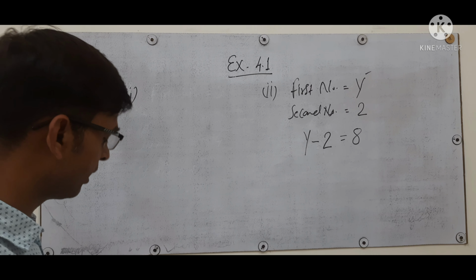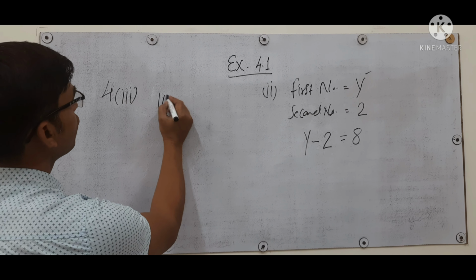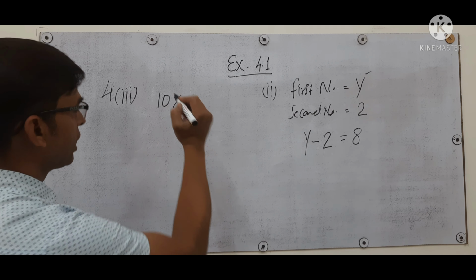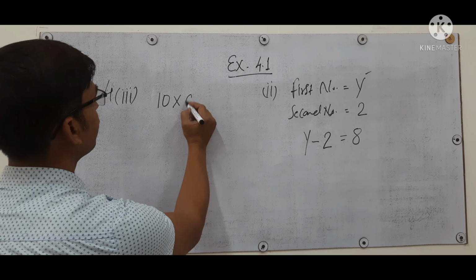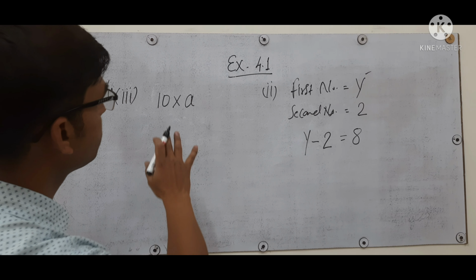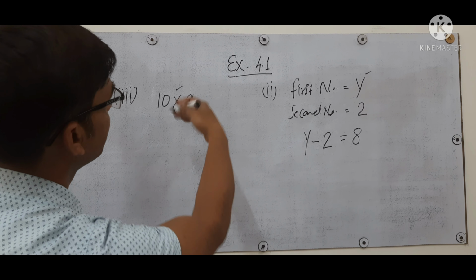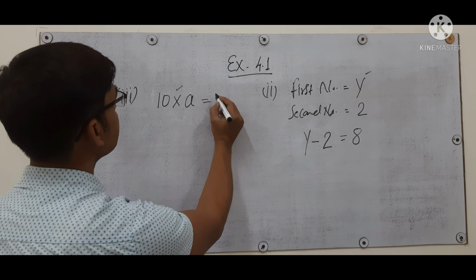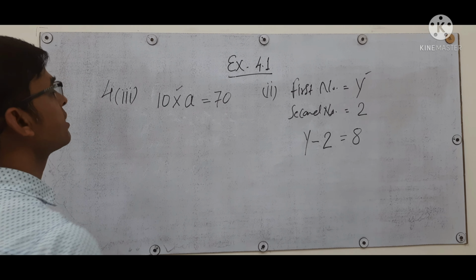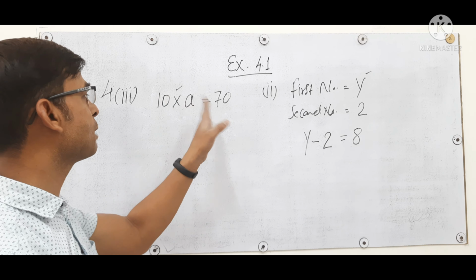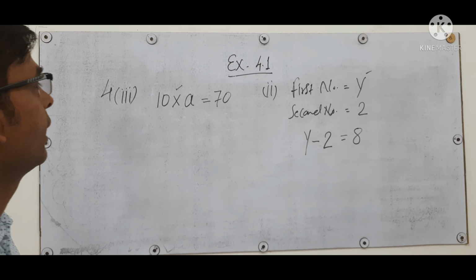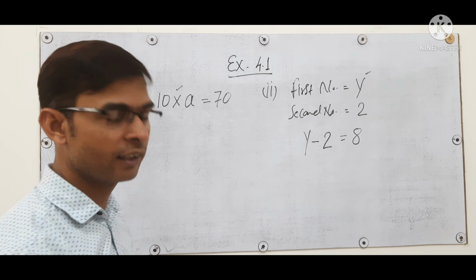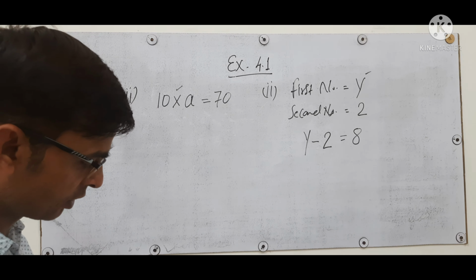A is any number, so 10 times of a means multiplication. The number given is a, and here it is given that 10 times of a is 70, that means equal to. So 10 times of a is equal to 70, and that is the possible equation for the given statement.